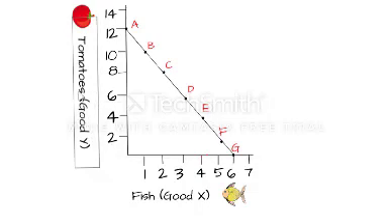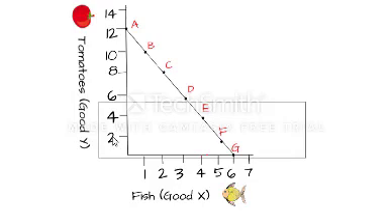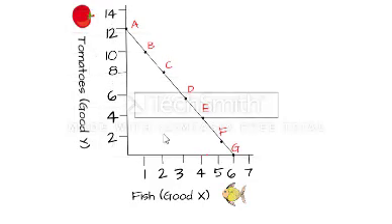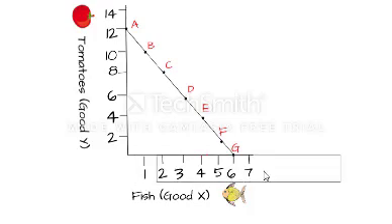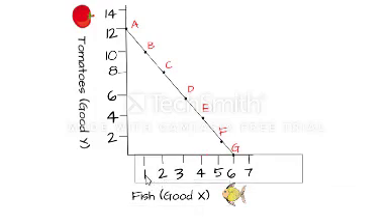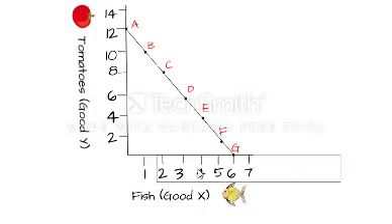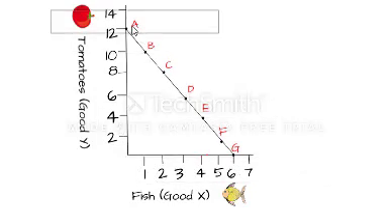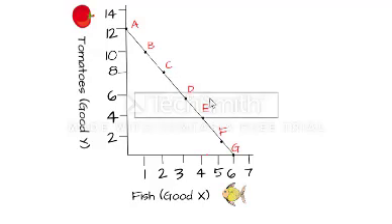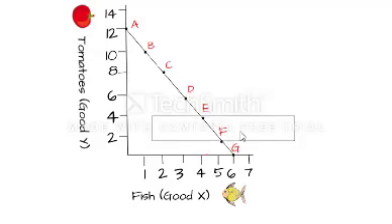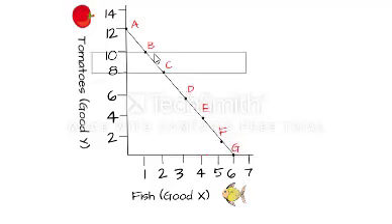In this case, good Y is in increments of 2 going up from 2 to 14, and good X is in increments of 1 going from 1 to 7. Generally, if you're asked to make up a table, it will not matter what increments you put them in, as long as you graph and label correctly. Now you'll see we have point A, point B, point C, point D, point E, point F, and point G, all along this line.